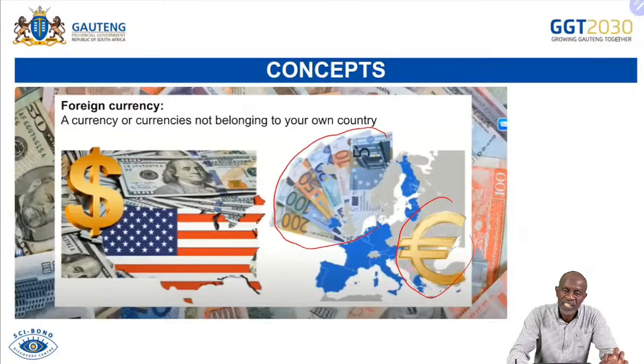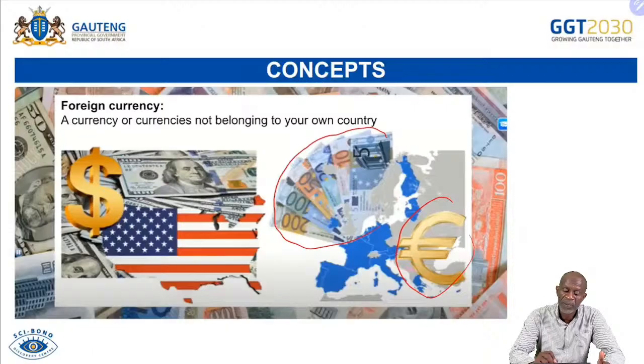So when you visit the United States or the European Union, you are expected to change your South African rands into either the US dollar if you are visiting the United States of America, and the euro if you are visiting countries such as Spain, Italy, such as Germany.